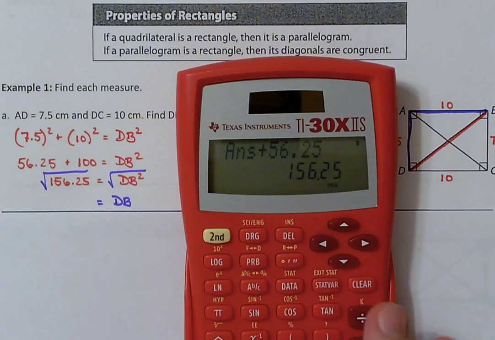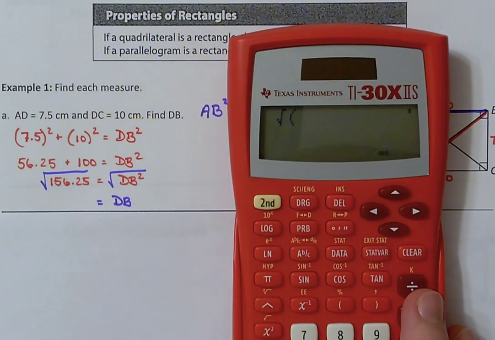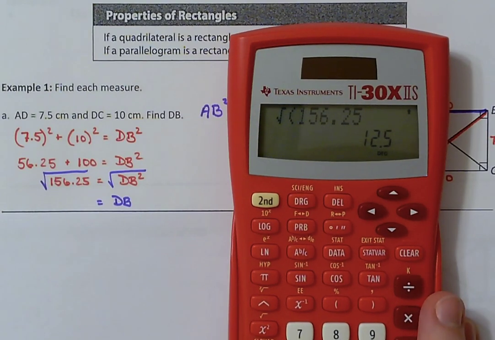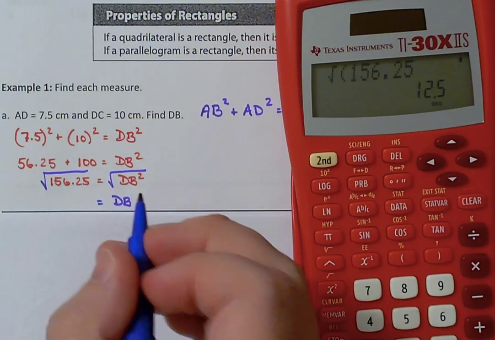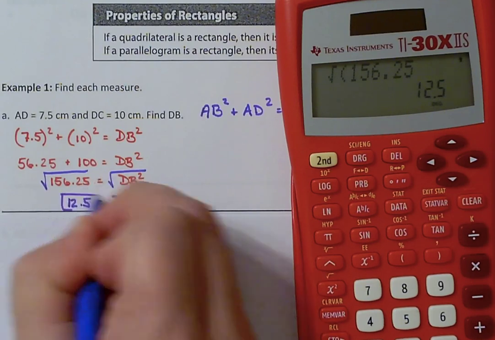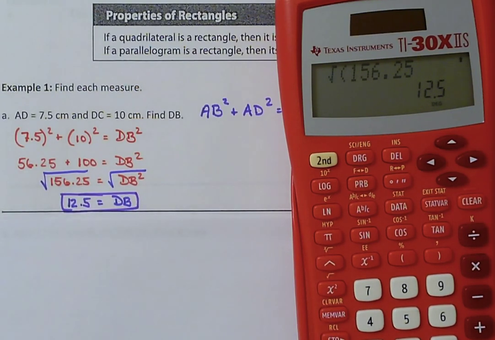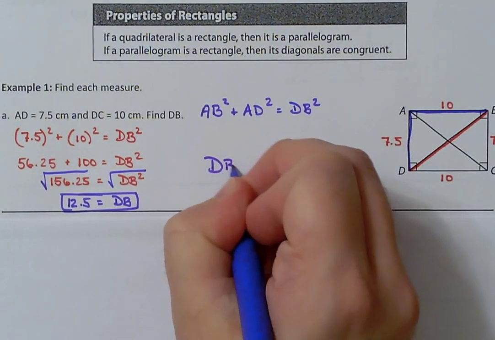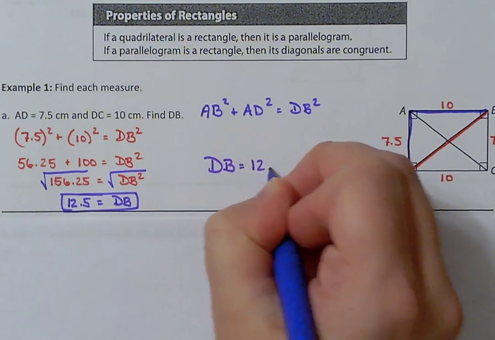And on the left, we take the square root of 156.25, and we end up with 12.5. And that is our answer. So the length of DB is 12.5 centimeters.